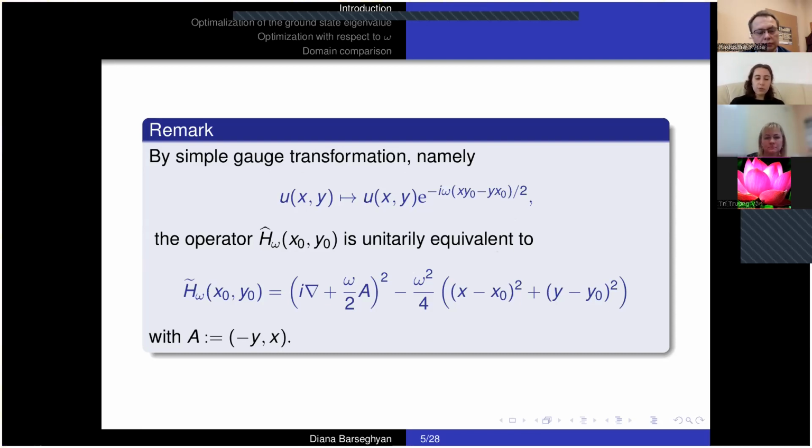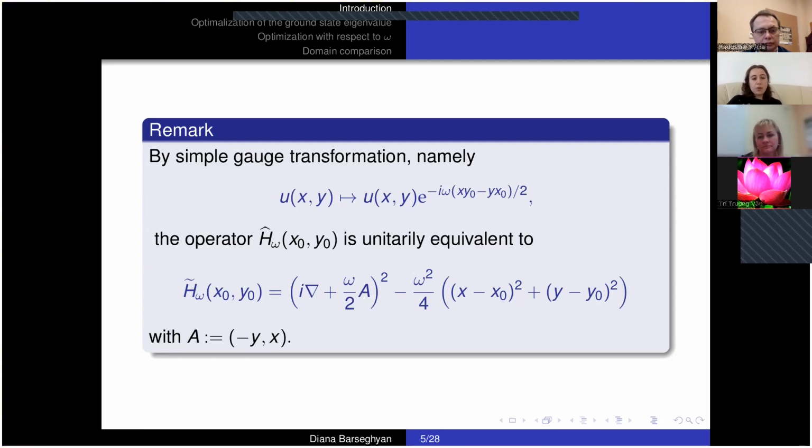We will now work with the nicer, unitarily equivalent operator H_Ω tilde. It's very well known that two unitarily equivalent operators have similar spectral properties. So what we prove for these operators is also true for the original operators. Therefore, we do this step.